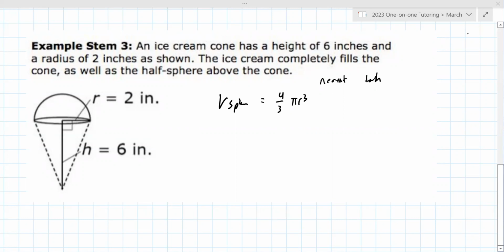All right, let's see this. It's 2 inches radius. That'll be 4 pi. 4 times pi times 4 divided by 3.